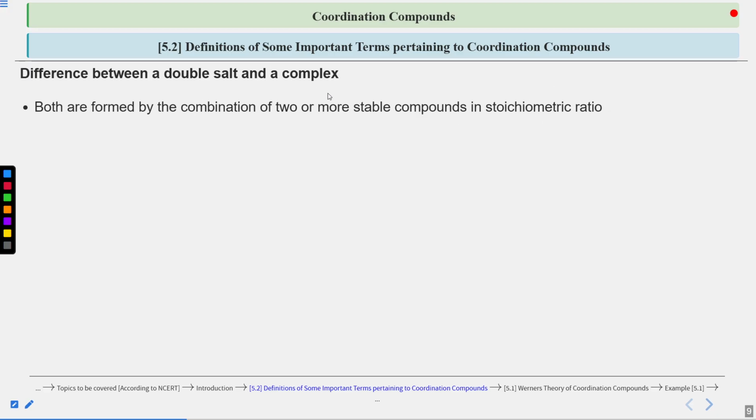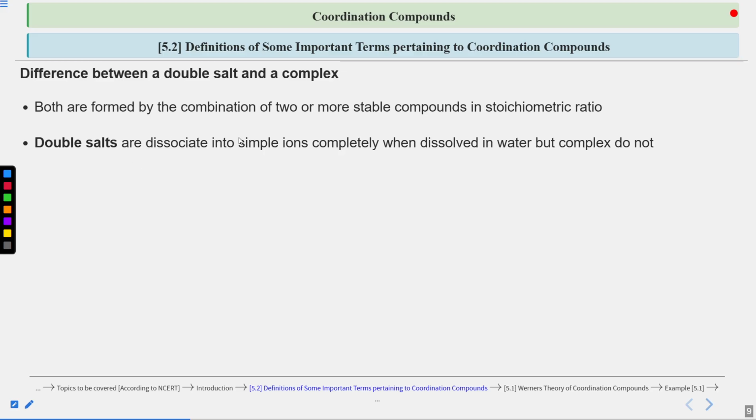So when two or more stable compounds in the stoichiometric ratio combine with each other, they form either a double salt or a complex.